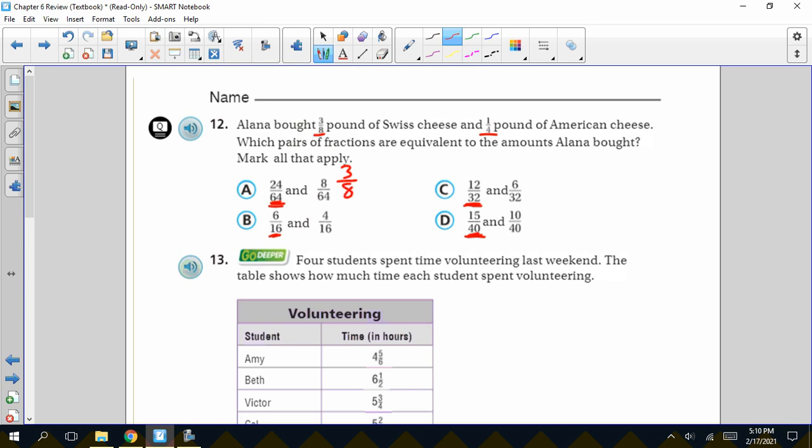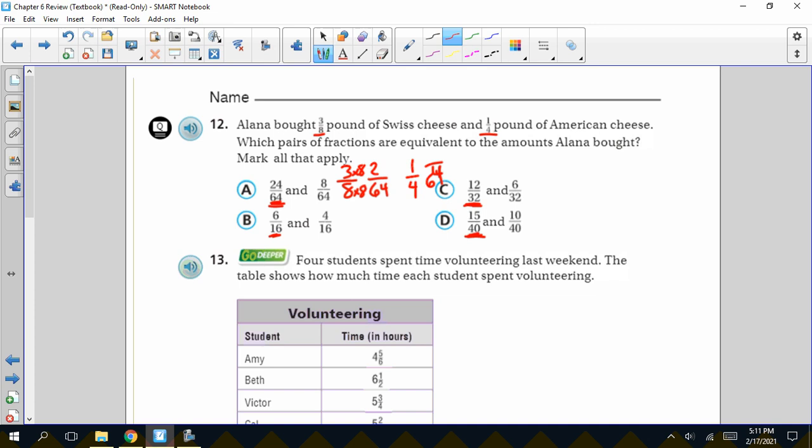3/8 and trying to turn that into a 64. And then we're going to turn 1/4 into a 64. To keep it equivalent, whatever I do to the bottom, I must do to the top. So for 3/8, we multiply this by 8. And whatever I do to the bottom, I'm going to multiply the top by 8.